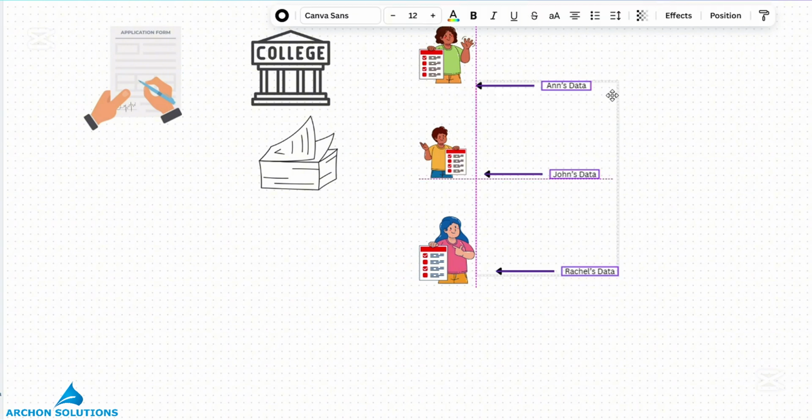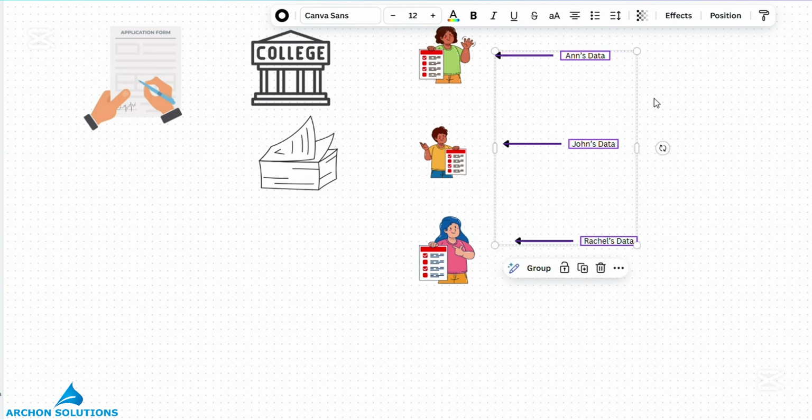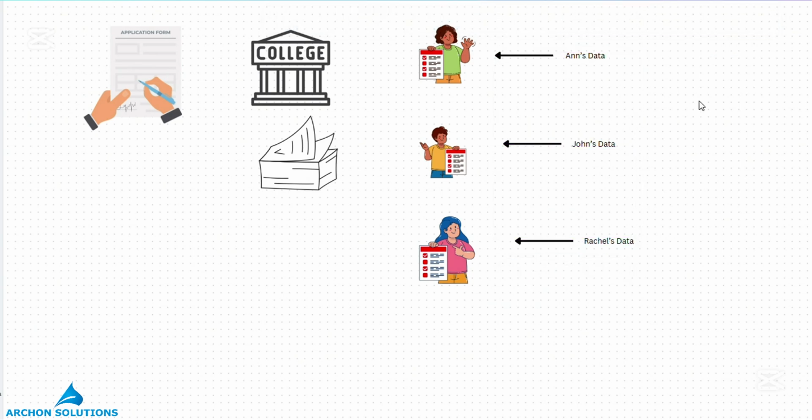Let's assume three friends approached the college for admissions and started filling the application form. When they fill the application form, that is when the application form has some data, and that is when it has a meaning.